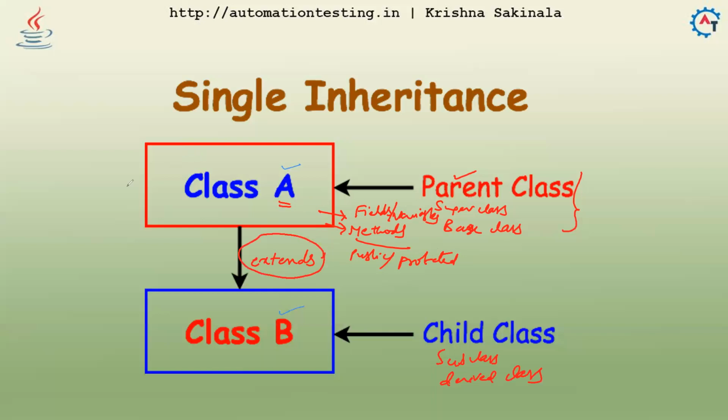So this is single inheritance. From class A to class B, class B is inheriting something from class A.